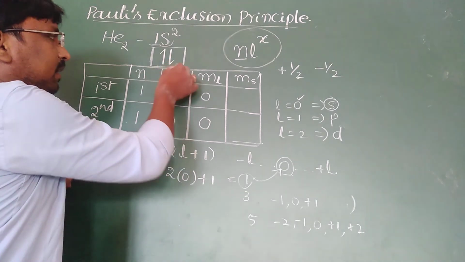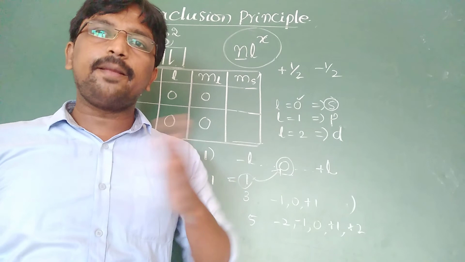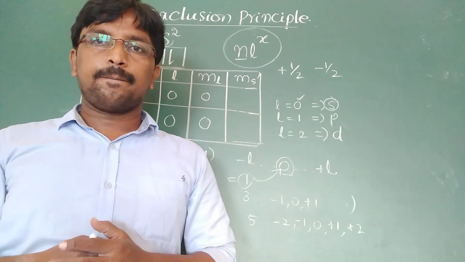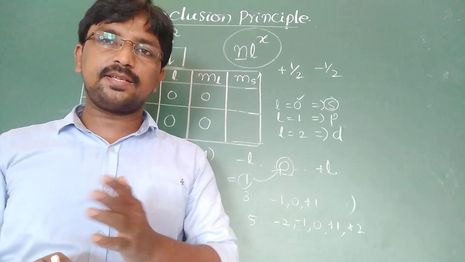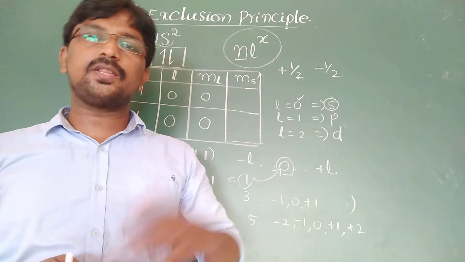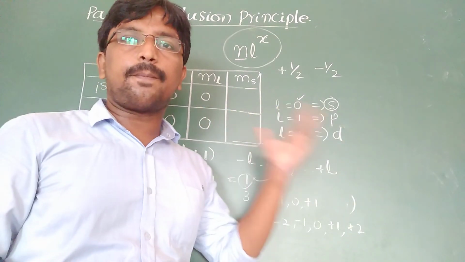So the two electrons present in the same orbital have anti-parallel spins. This is about Pauli's exclusion principle.